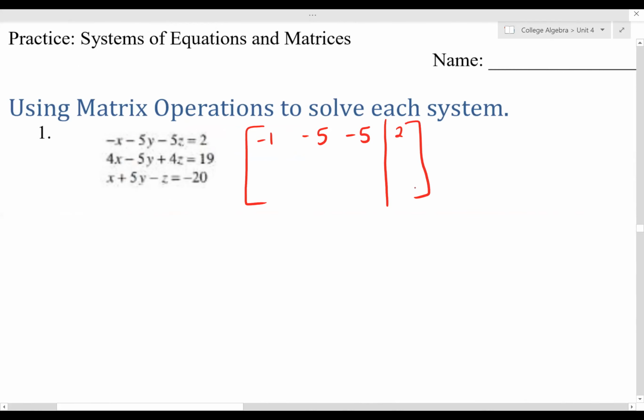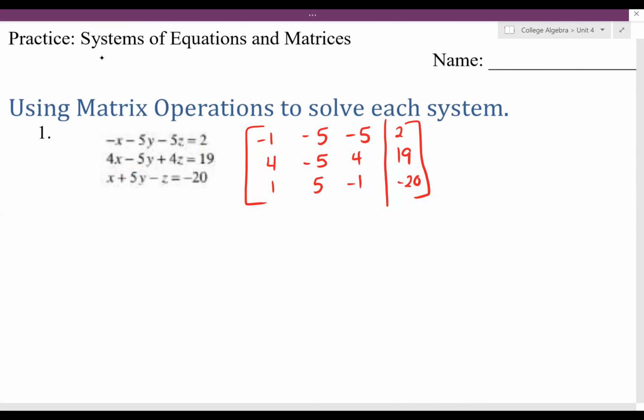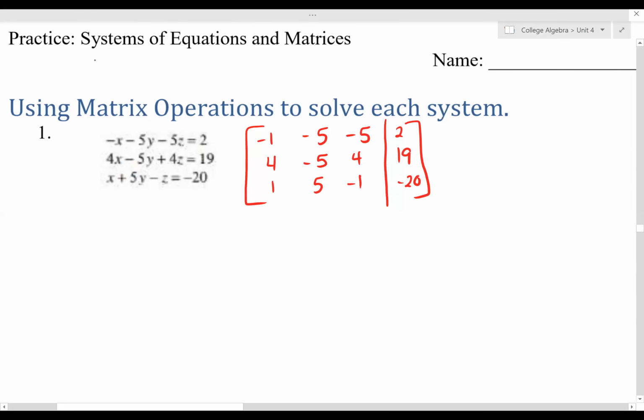Now, row 2 is 4x minus 5y plus 4z equals 19. So that would be 4, negative 5, 4, 19. And then row 3 is x plus 5y minus z equals negative 20. So 1, 5, negative 1, and negative 20. So this is called the augmented matrix. It's where you just get rid of all the variables and you put all the coefficients in the matrix.